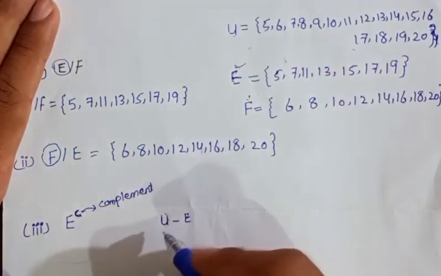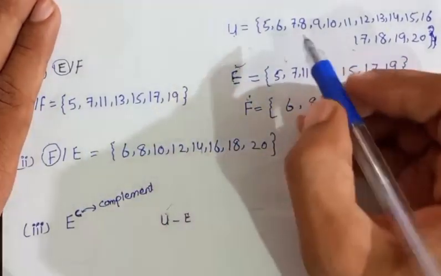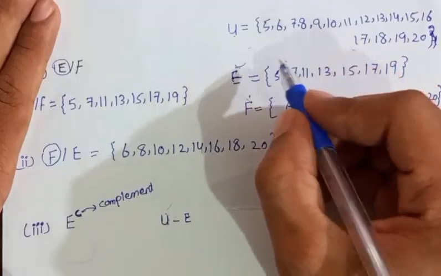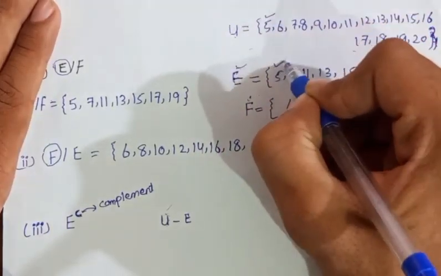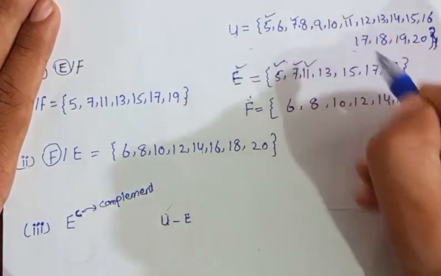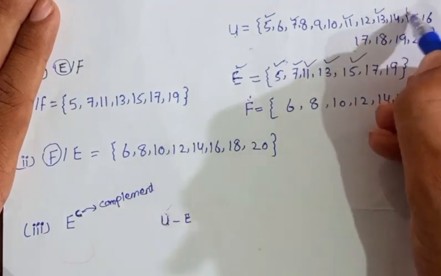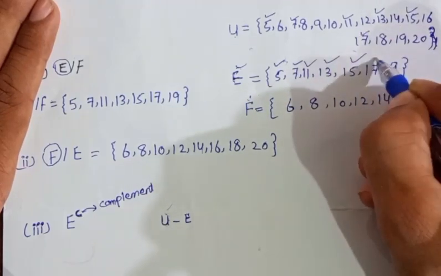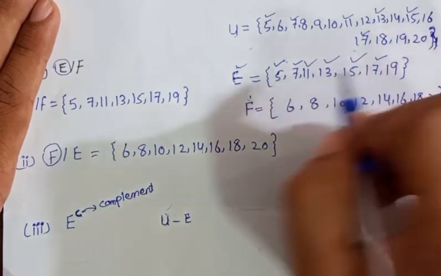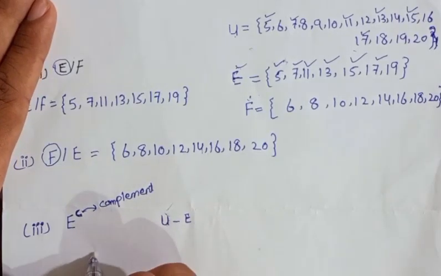Now I will find the difference of the universal set U and set E. For that I will see which elements are common in both sets, and I will ignore the common ones. 5 is common, 7 is common, 11 is common, 13 is common, 15 is common, 17 is common. So I will ignore these, and after ignoring them I will write the remaining numbers.